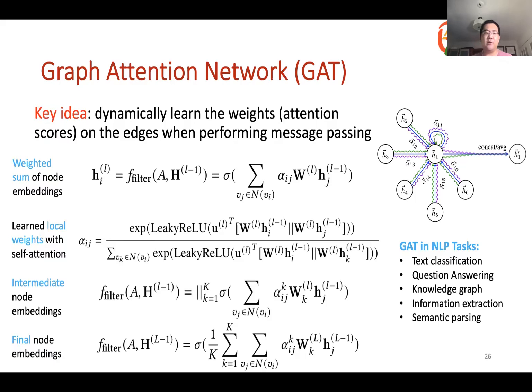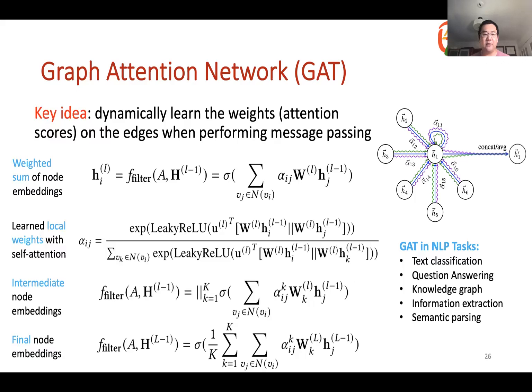However, it makes sense that different nodes may play different roles in terms of importance to this message passing. Therefore, the graph attention network uses self-attention, inspired by the transformer, to learn an importance between the target node and its neighborhood. Later they can perform a weighted sum to generate a better node embedding.